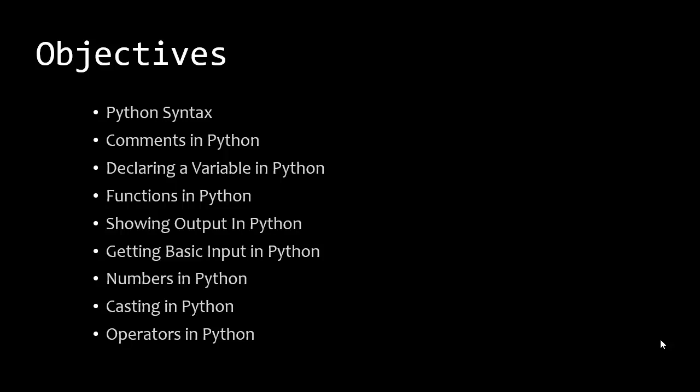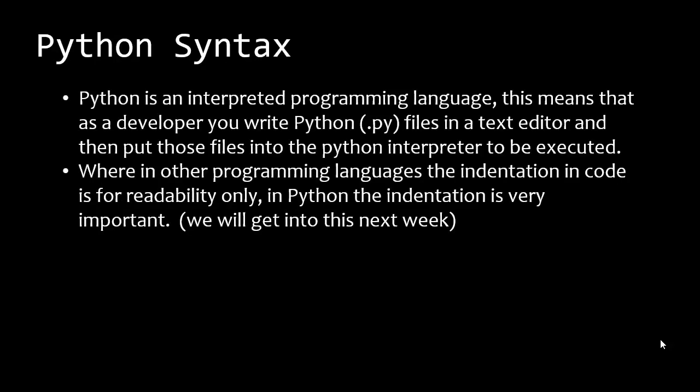A lot of stuff here, but hopefully nothing that's too new to you, because in any other language, you would add comments, you would declare variables, you would execute functions, you would somehow display your output, get your input, and we deal with data types when it talks about numbers and casting, and then finally operators, adding, subtracting, those types of things you've done in other languages also. So we're just going to talk about how to do it in this language as we get started very simply here.